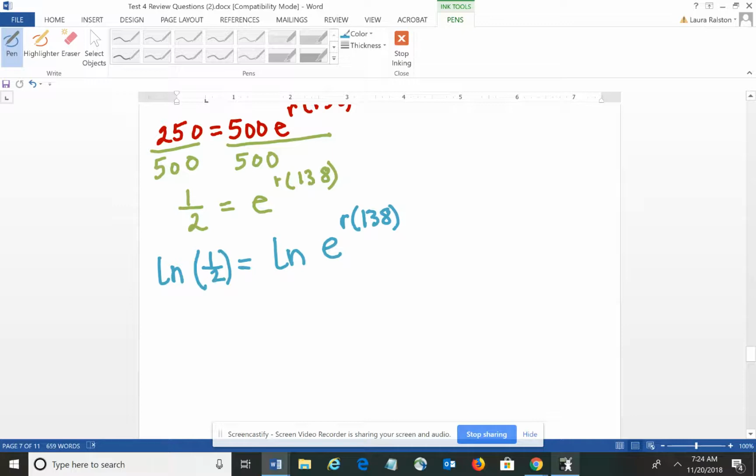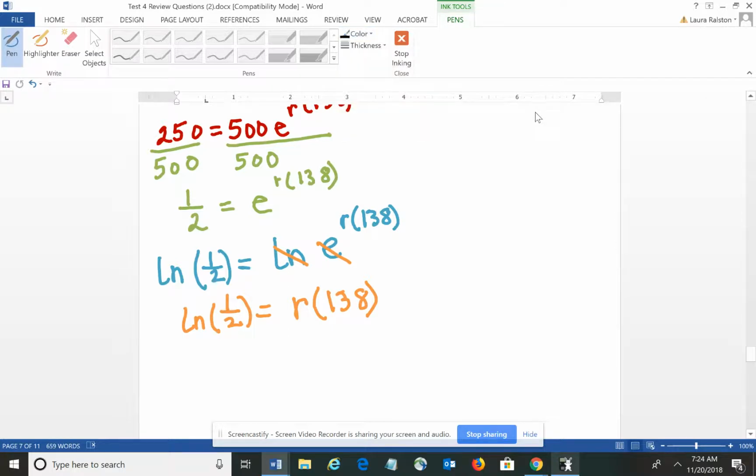I'm continuing to work without doing the calculations yet. So we have the natural log of 1/2 equals the natural log base e, which cancels off, so I have r times 138. Remember, I'm trying to solve for r here.